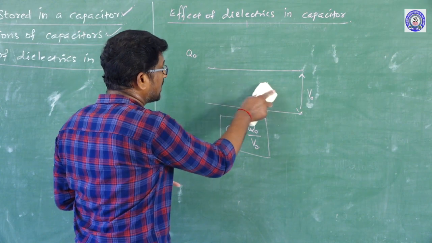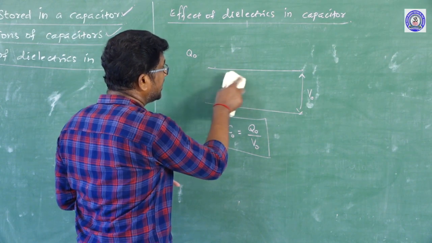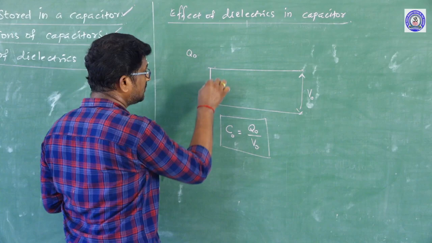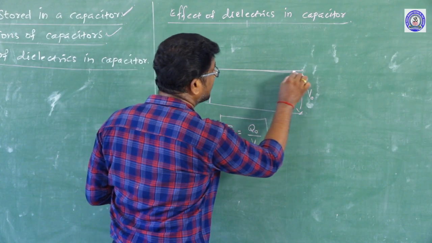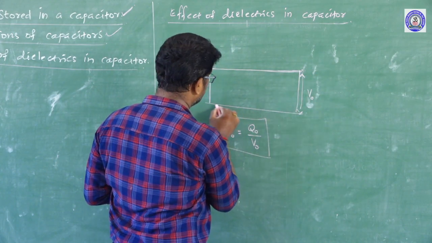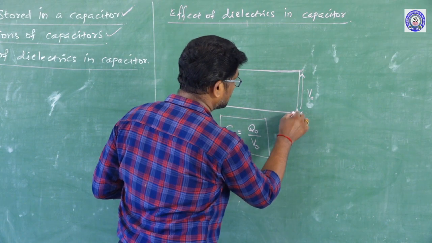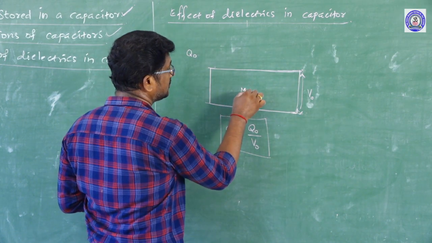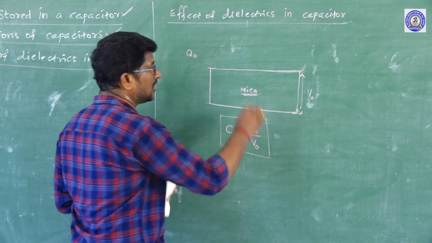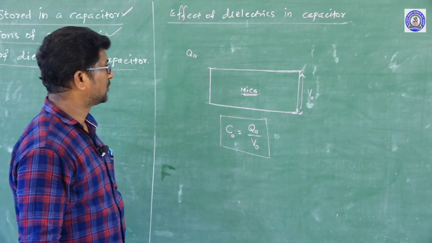Suppose the air medium is replaced by another dielectric material like mica or ebonite or glass, like that, right.